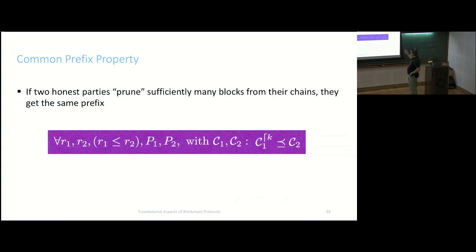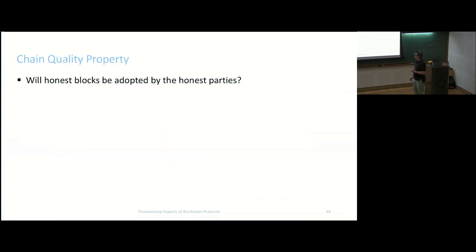This should be a prefix of C2. I write it this way, but C2 could be C1 and so forth, and in fact, C and C1 could be the same. The property was later identified as self-consistency. So you have this prefix, you should not be able to move away from that. And this is where there are two different rounds. So that's the common prefix property.